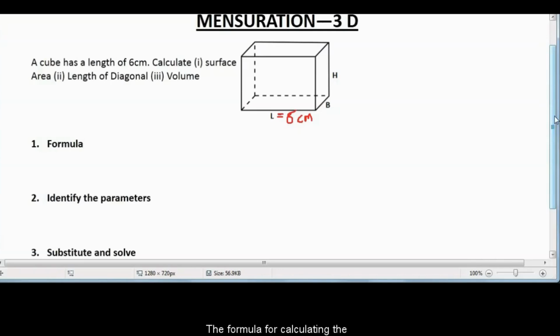The formula for calculating the surface area is 6x squared. So I'm going to begin by writing the formula. S is equals to 6x squared, surface area of a cube. The only parameter is x, which is 6 cm.